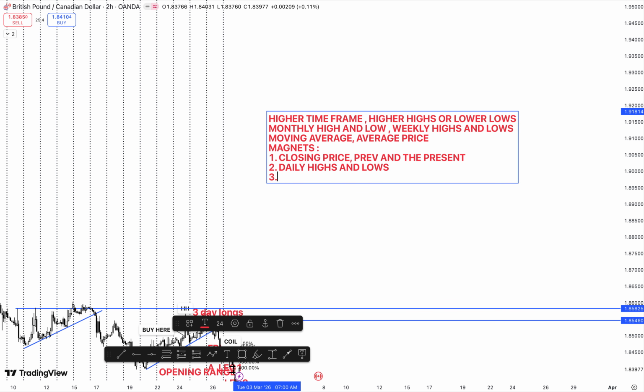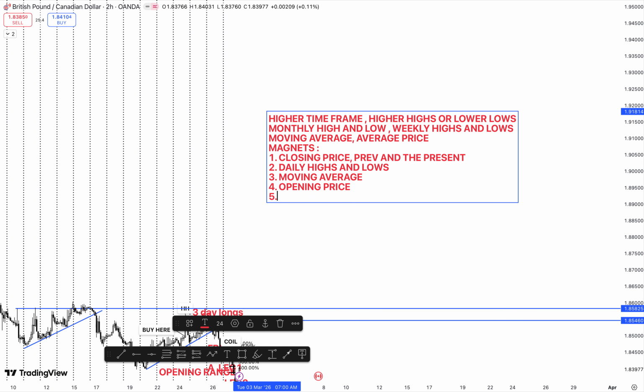We want to look at moving average on that smaller time frame. These are magnets. Opening price, sorry, opening price.